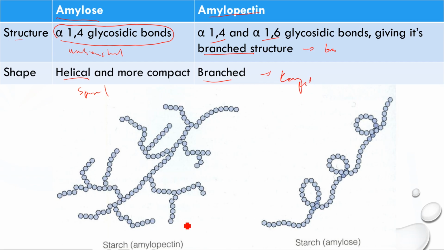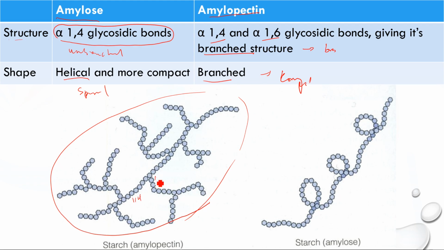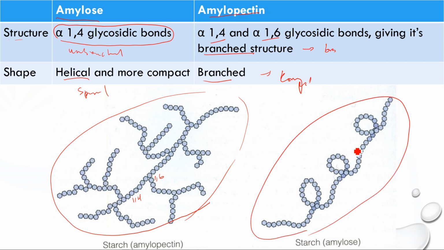So this is amylopectin. See, it has branches. That means it has 1,4 links and 1,6, but it has more of 1,4. So you see amylose, right, is just helical. It's unbranched. You can see that.